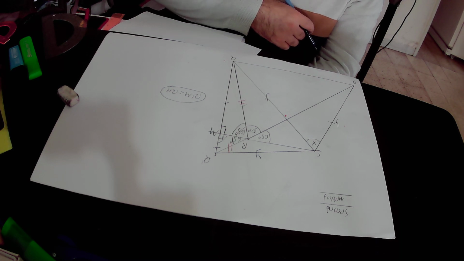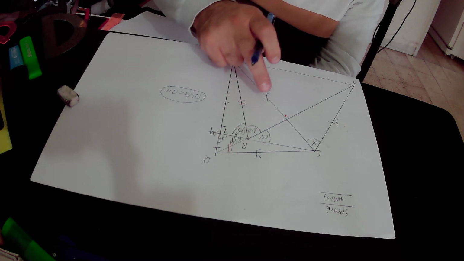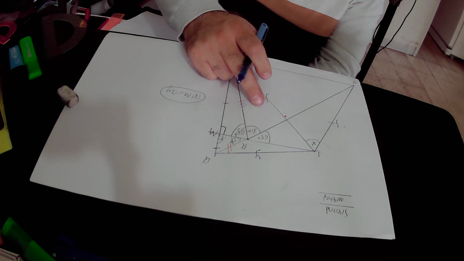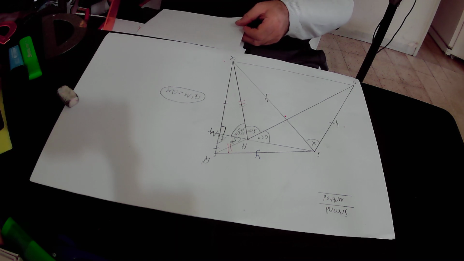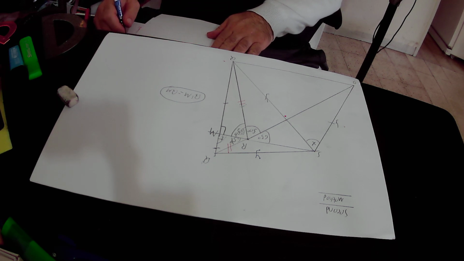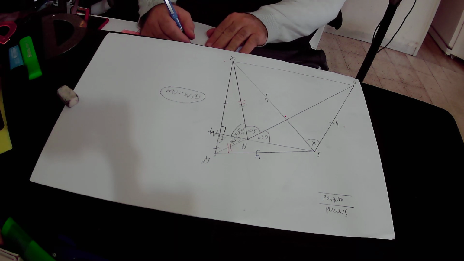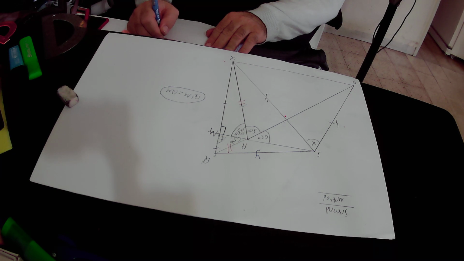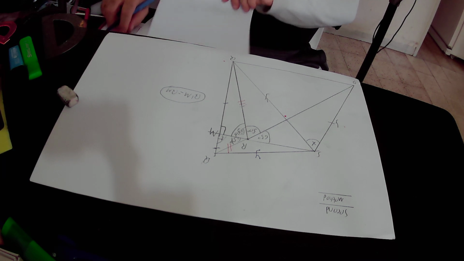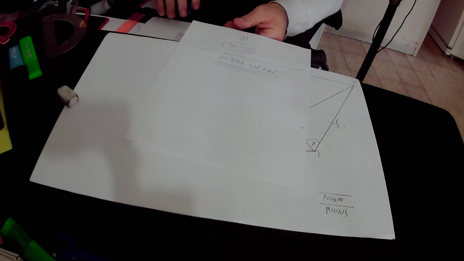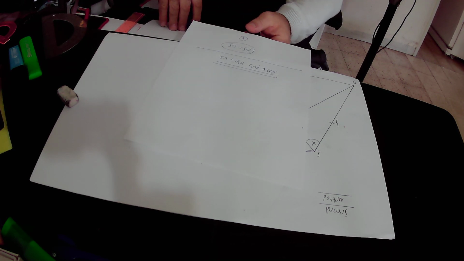So in the next step, we will focus on triangle SRQ and triangle SRQ dash, and we will actually prove that those two triangles are congruent.